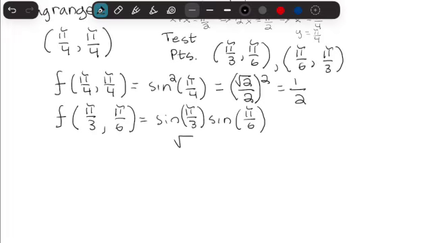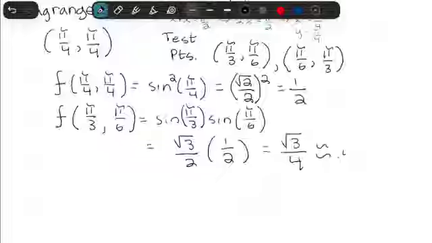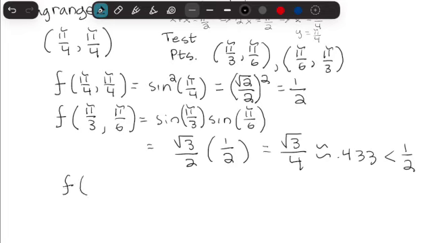That is root 3 over 2, times, and then sine of pi over 6 is 1/2. So we end up with this, which is approximately 0.4 something. So we know that that is less than 1/2.